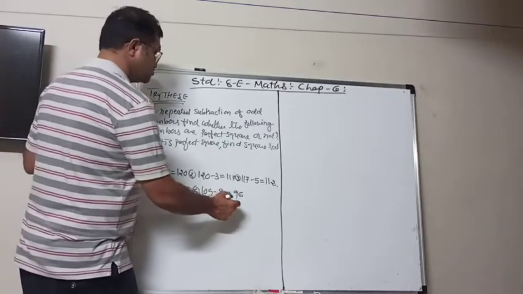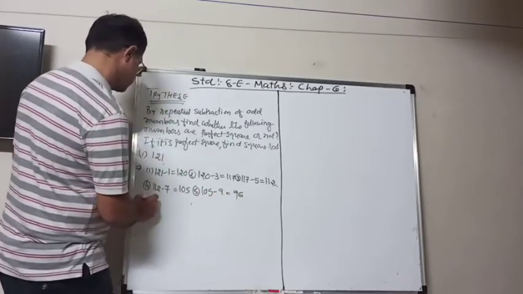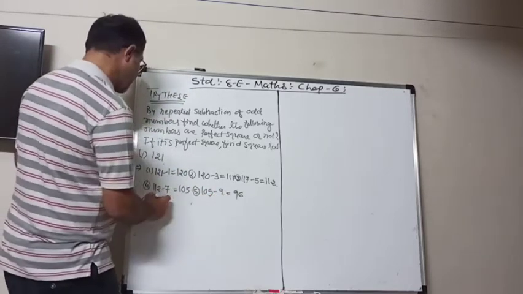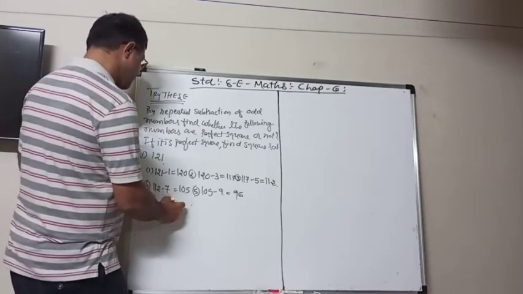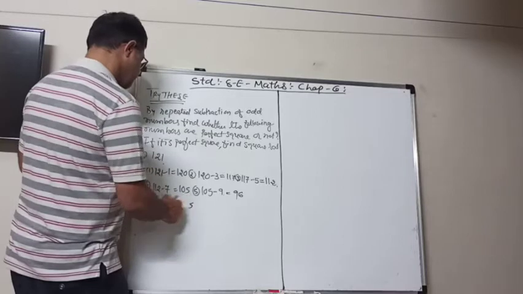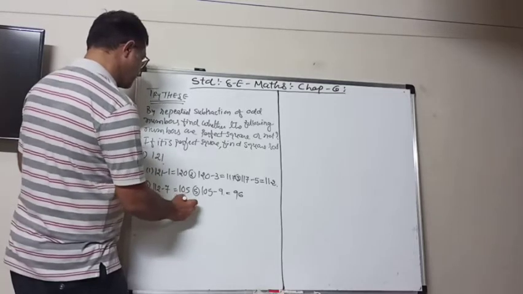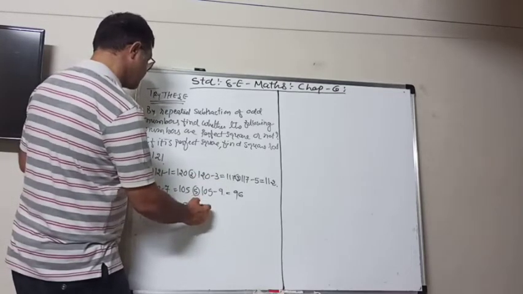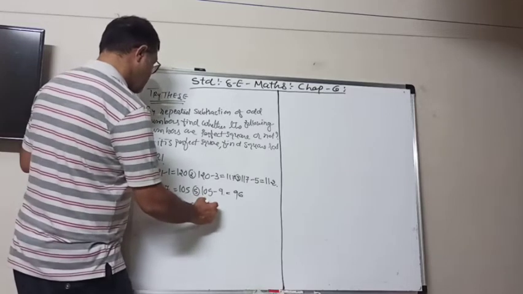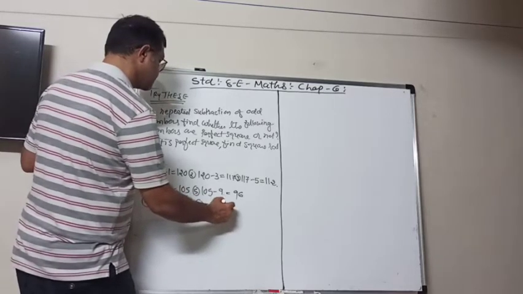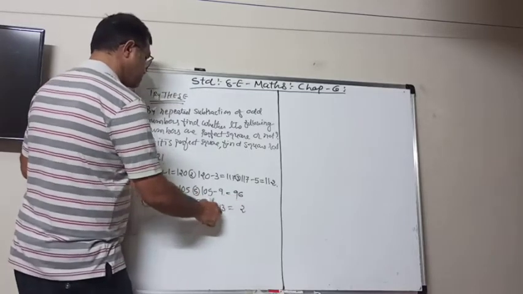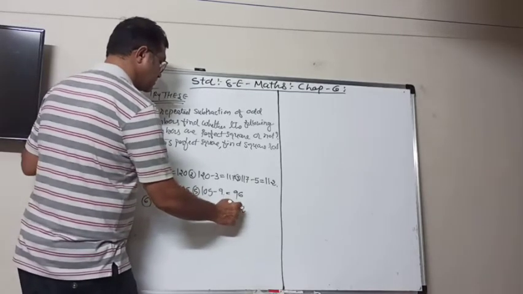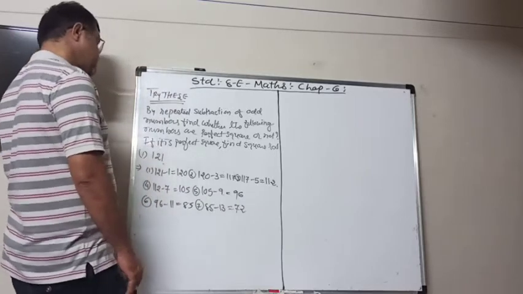Then the sixth step will be 96 minus 11, which is 85. Seventh, 85 minus 13, which is 72.